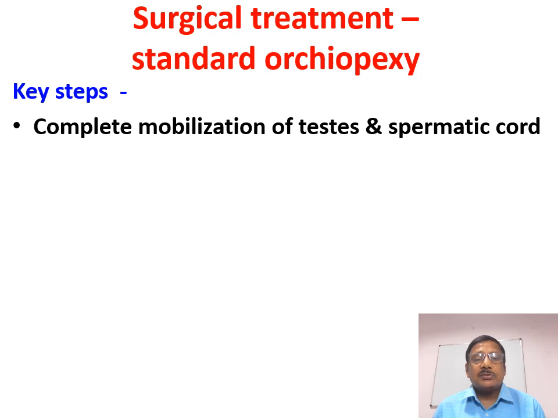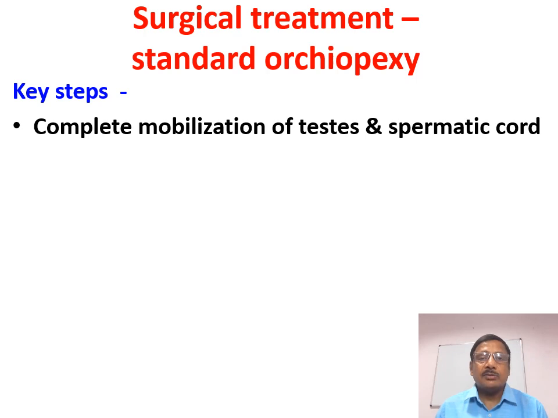What are the key steps of surgical treatment or the standard orchiopexy? That you need to know as an undergraduate. You have to completely mobilize the testis and spermatic cord through a transverse inguinal incision.